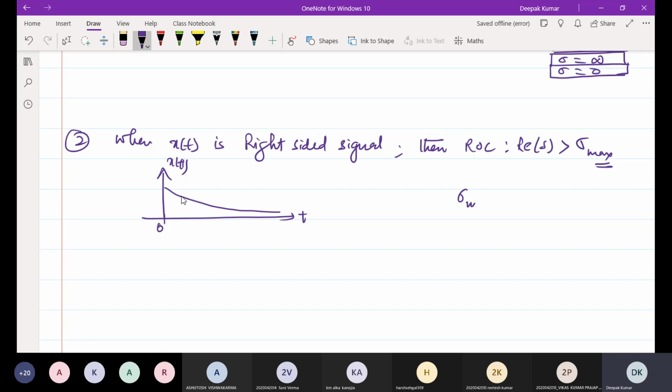Rightmost sigma max is the maximum possible value of the real part of the pole.